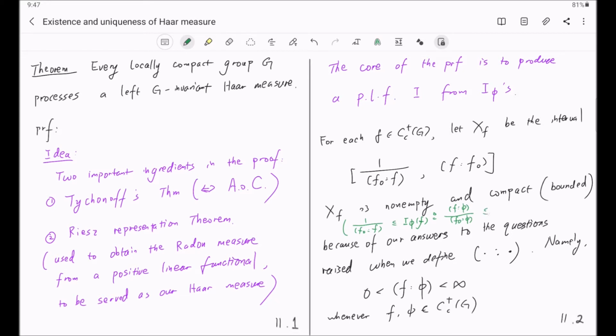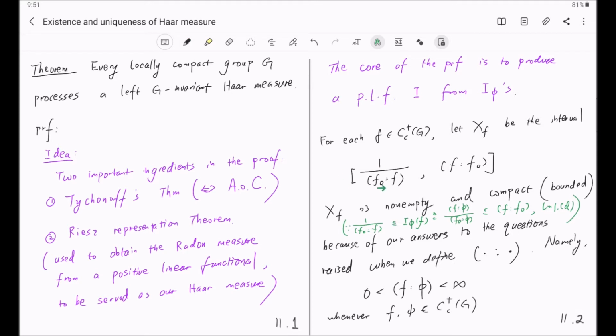And this is less than or equal to (f : f naught). Those inequalities hold because of our lemma 1 part D, namely the tower property. And I think now I have fully justified why this interval is non-empty and compact.